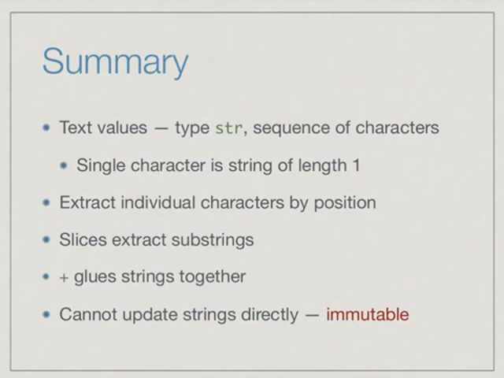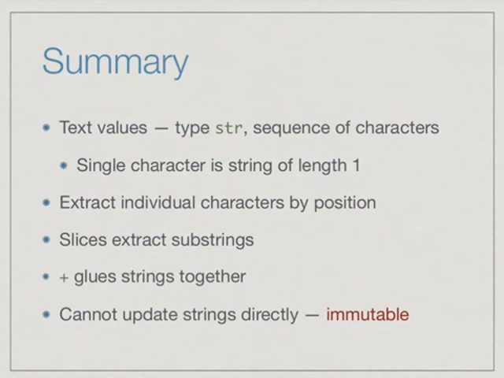So to summarize, what we have seen is that text values are important for computation, and Python has the type string or str, which is a sequence of characters to denote text values. There is no single character type in Python. A single character is just a string of length 1. We can extract individual characters by index positions.